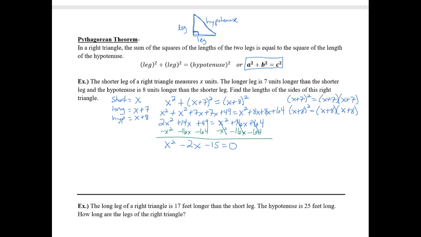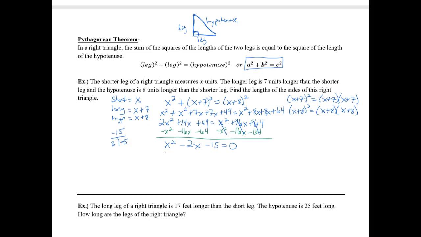I have a trinomial now. The front coefficient is 1, so I need factors of negative 15 that add up to negative 2. I'm thinking 3 and 5. One of them has to be negative to multiply to a negative, and I need it to be the larger number, so it also adds to negative 2.